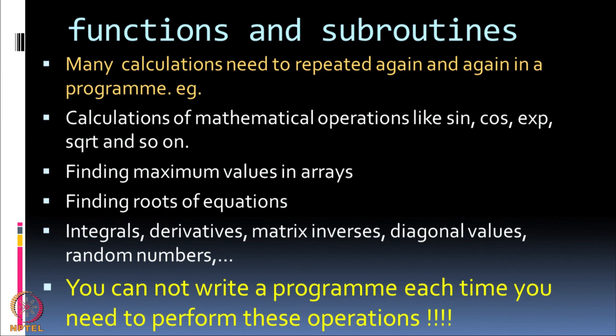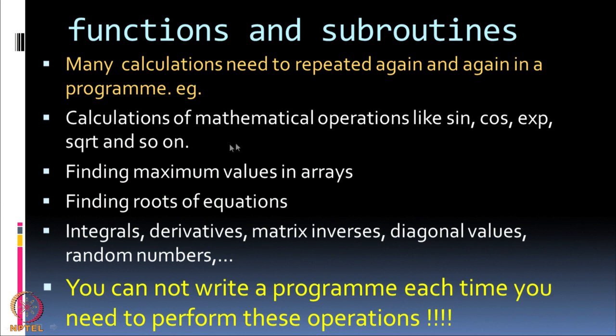You may want your own function, you may want cos square x somewhere, you may want sine square x, you may want some power functions. You will be able to write your own functions based on your own requirements. Many calculations need to be repeated again and again in a program. What are the examples?